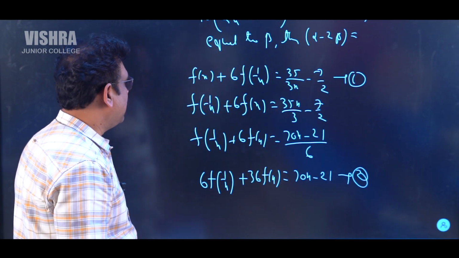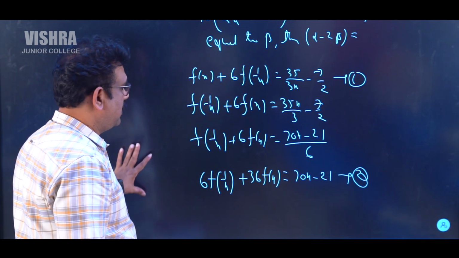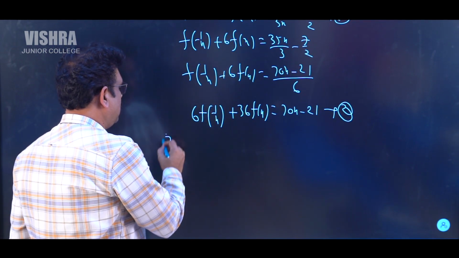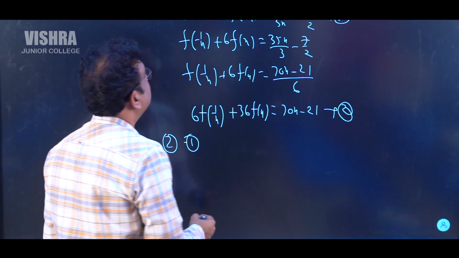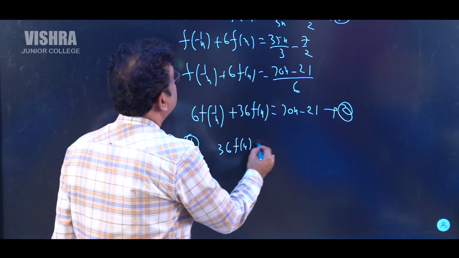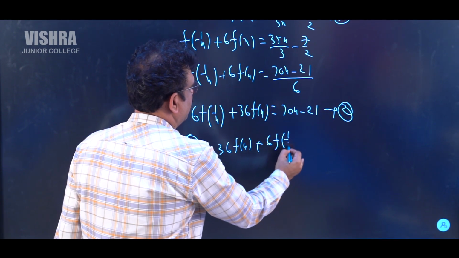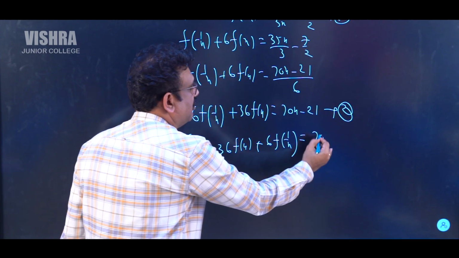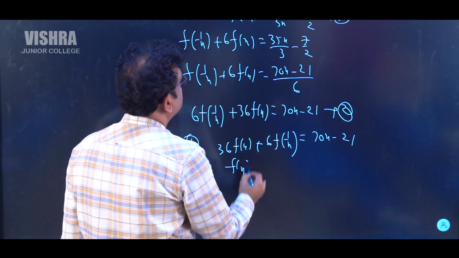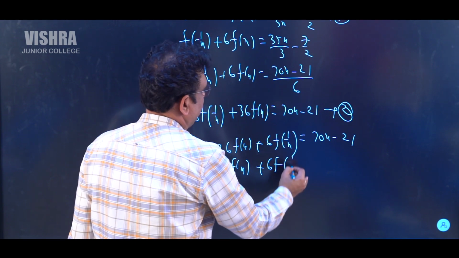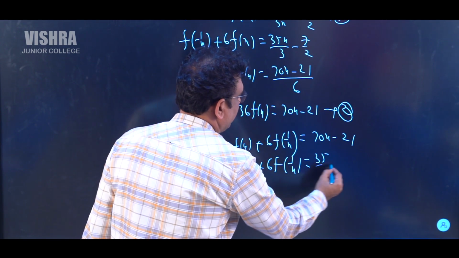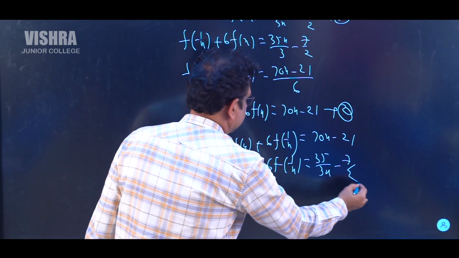Now 2 minus 1 gives 36 f of x plus 6 into f of 1 by x is equal to 70x minus 21. Minus f of x plus 6 into f of 1 by x equal to 35 by 3x minus 7 by 2.